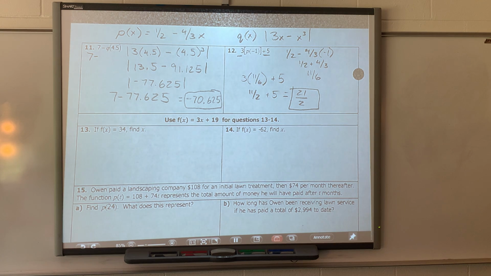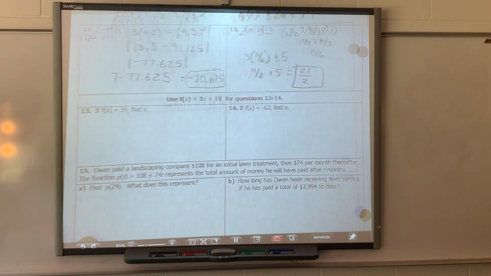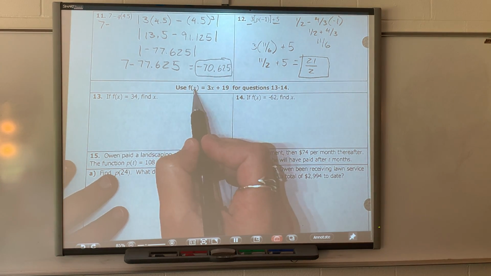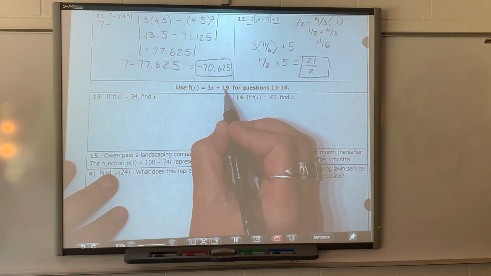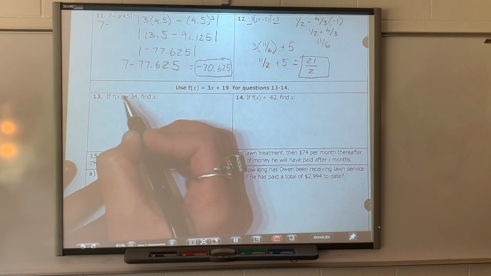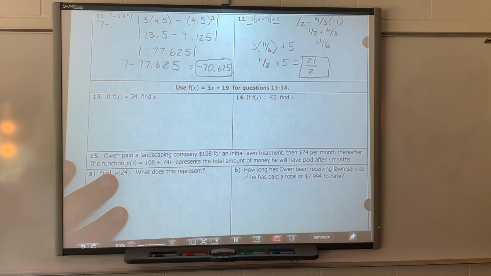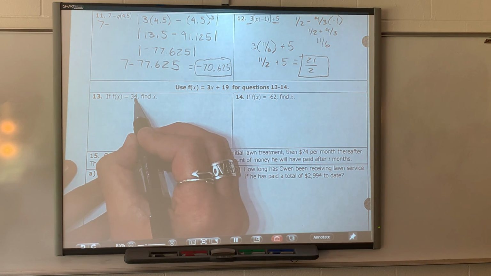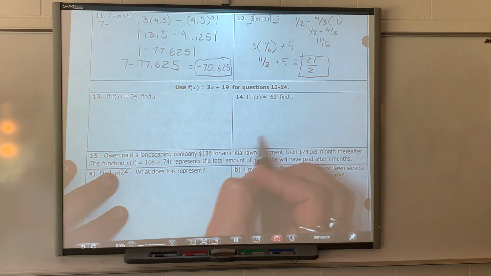Easy enough? Okay, now Sam, this is what you were talking about. These right here, it says, use f of x equals 3x plus 19 for these two questions. If f of x equals 34, well remember, f of x is your y value. So they're saying, take this equation and set it equal to 34. Now we're solving for the x.